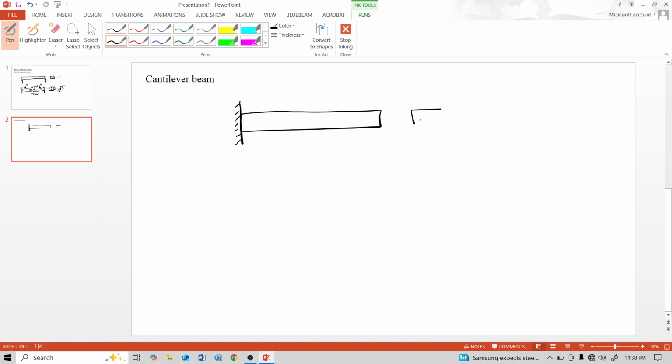That means before loading, this beam does not show any deflection or bending. And this is before loading. And after loading, after giving some load to this beam, it deflects like hogging.